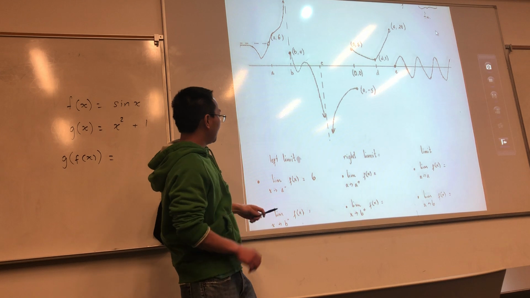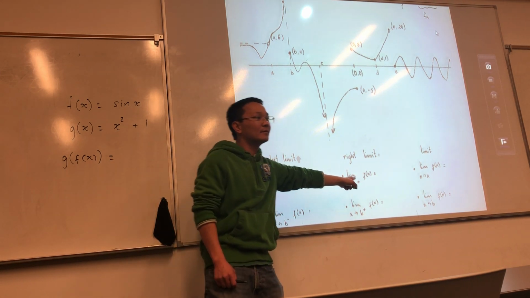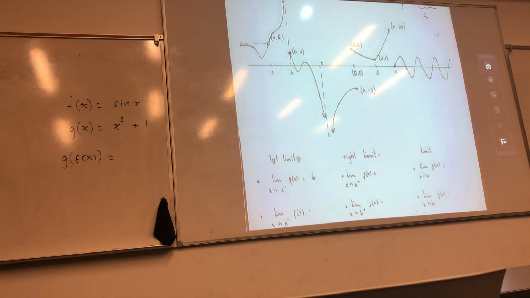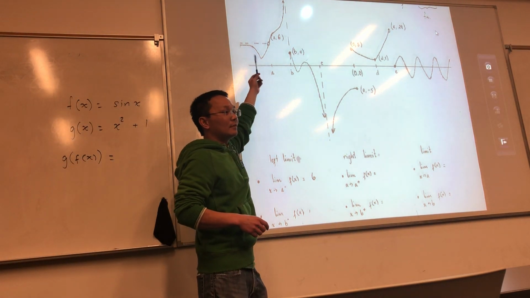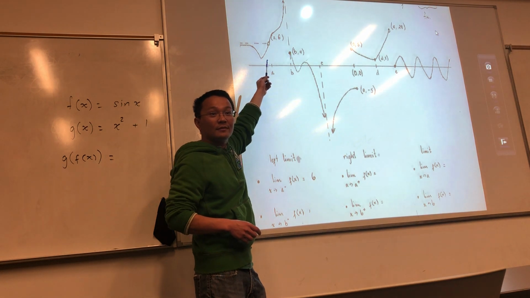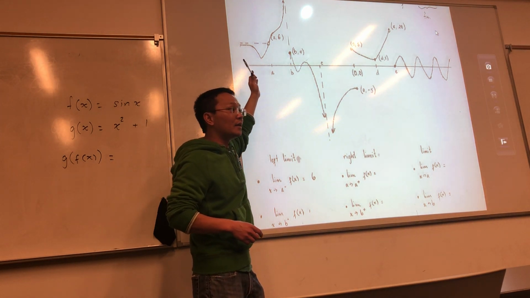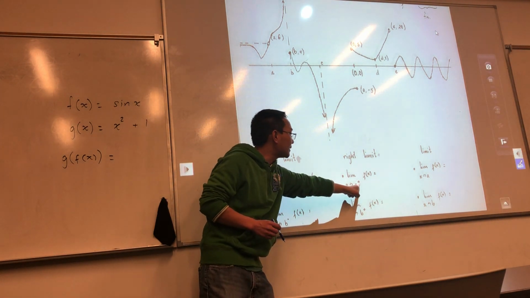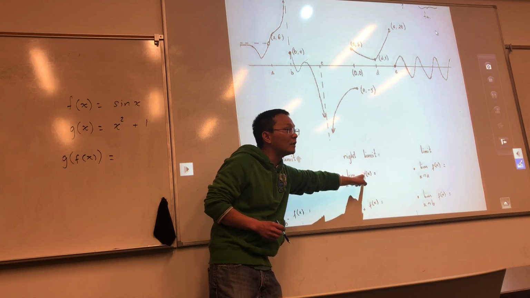Now, how do we do the right limit? What do you think? Get on the graph, but now you have to get on the graph to the right. The plus here means the right limit: the limit as x approaches A from the right of the function f of x.